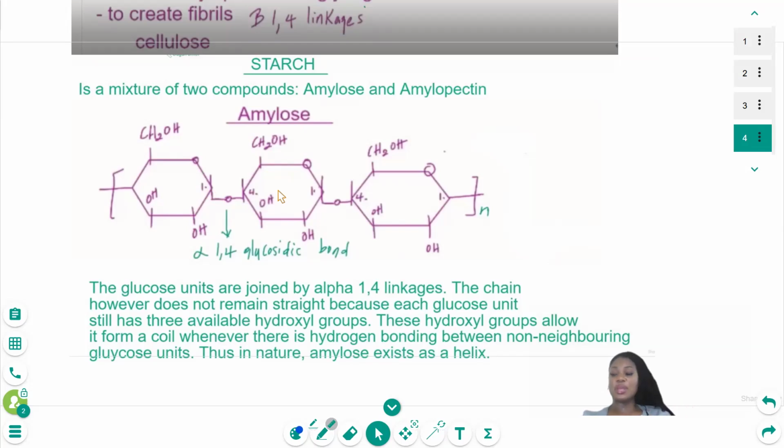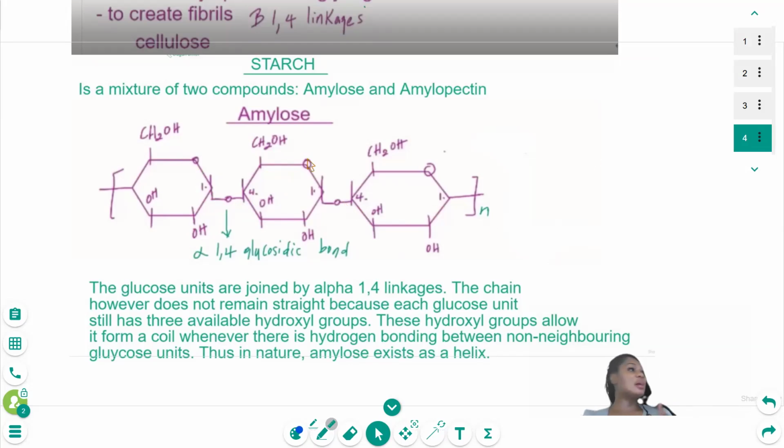Remember, last week we went through the structure of glucose and the numbering of the carbons. But essentially what we're seeing here is that the glucose units are joined together by linkages between the number 1 carbon and the number 4 carbon of the one in front. Number 1 to number 4.